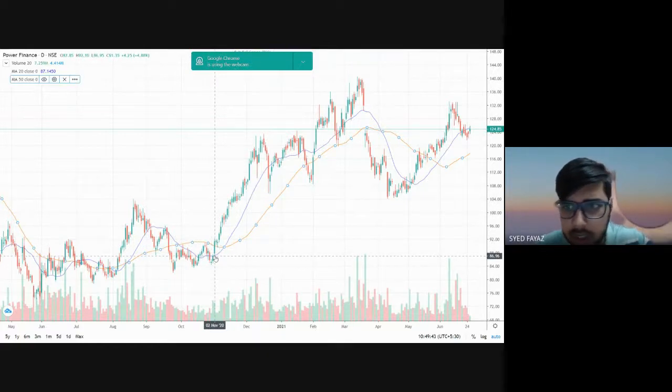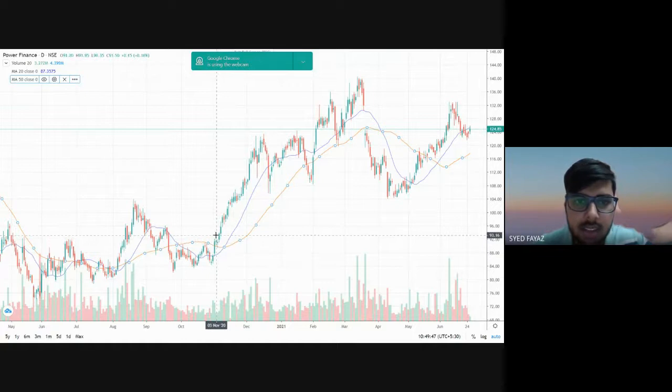Whenever a stock crosses both the moving averages, we can say that the trader can enter whenever it crosses the 20 days moving average, and you can see an upward trend for a very long time.